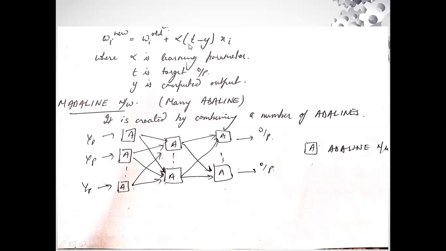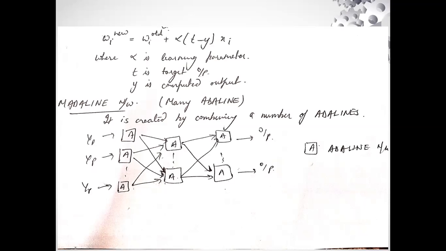Here we are adding one more thing, that is the target output. This is the comparison of outputs. T is the target output and Y is the actual or computed output. So T minus Y is the error. If the error is approximately equal to 0, there is no need to adjust the weights, else we are going to adjust the weights. We calculate it on this pattern and the learning algorithm we discussed in the earlier lecture.